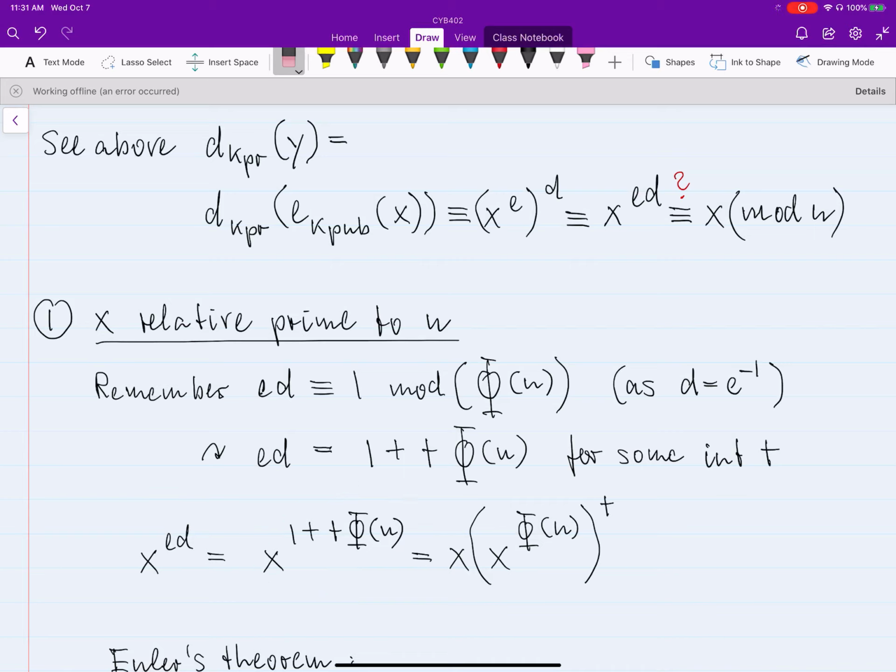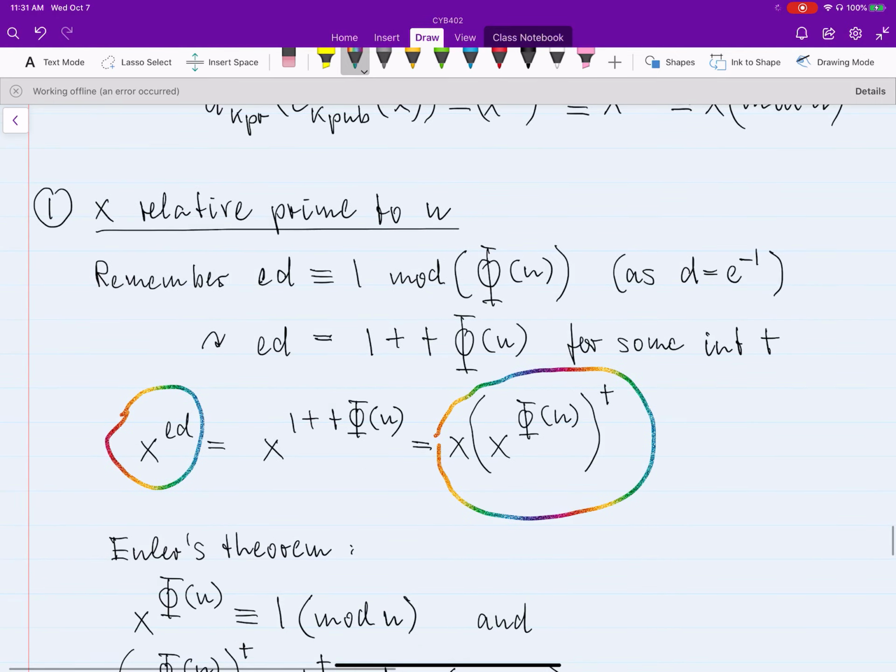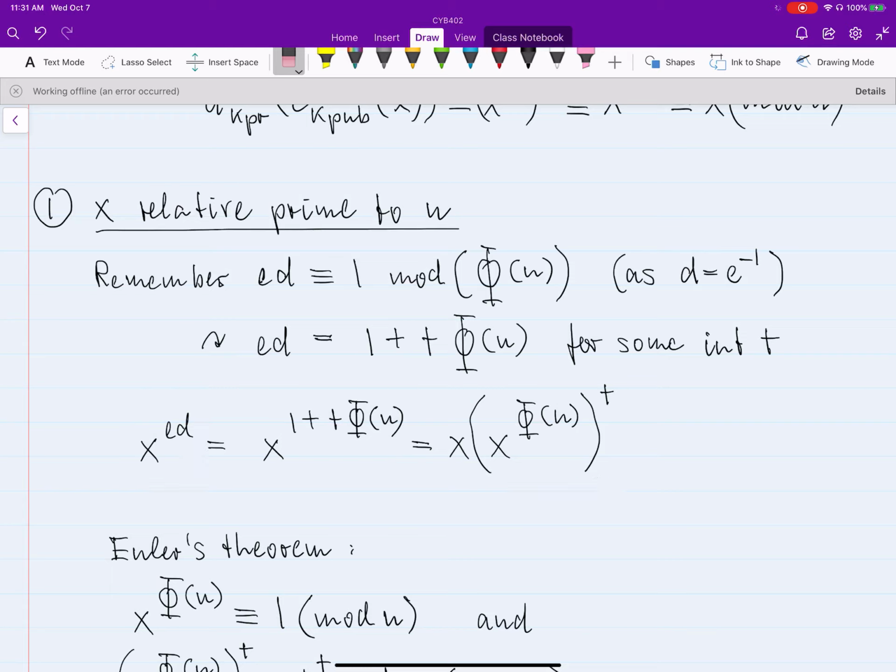So consequently, if x to the ed is equal to this, and we expect that x to the ed is actually only x, what that means is that this expression needs to be 1. So our proof comes down to showing that this expression is 1.